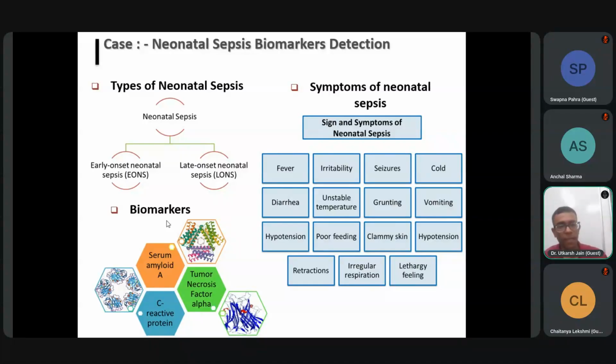What exactly should the pattern be, what should the approaches and the direction be, from the neonatal sepsis development to the device development, where you need to figure out certain biomarkers, and whether the biomarkers are really feasible to develop a device.